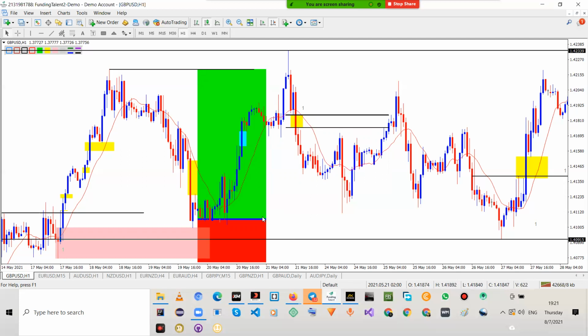The other way that you could do this is by using a limit order. A limit order can work to your advantage in that you'll be entering a trade way earlier. I hope you get what I mean. Instead of taking the trade from up here, you'll be taking the trade from here.